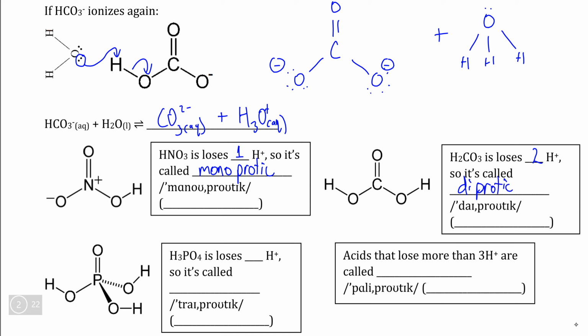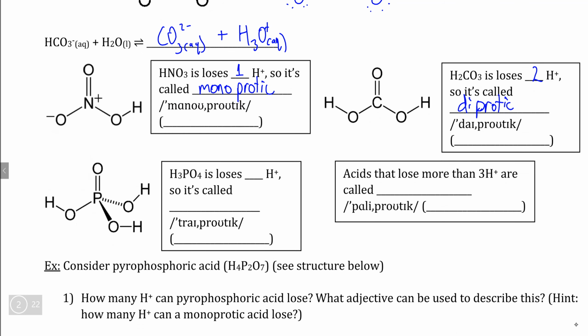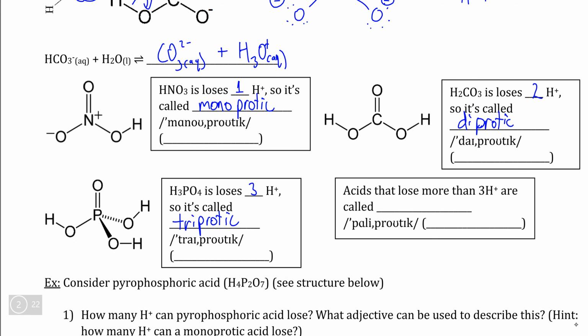Now, you can probably see what's coming here. Phosphoric acid has three possible H plus ions that it can lose, so it is what we call a triprotic acid.